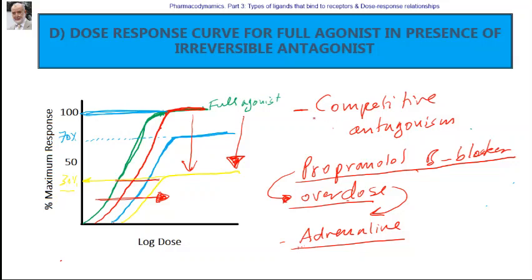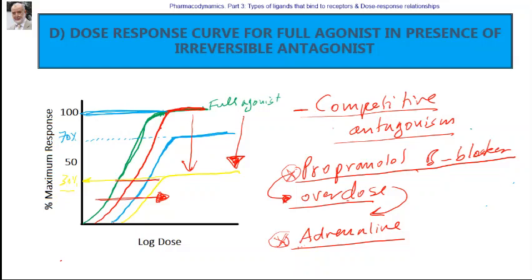This is possible because both compete on the same receptor. Then in competitive antagonism, I can reverse the toxicity of the antagonist by giving enough dose of the agonist. This cannot be done in case of irreversible antagonism.